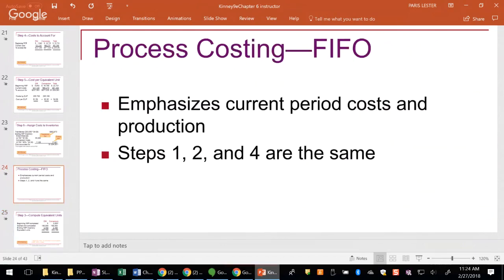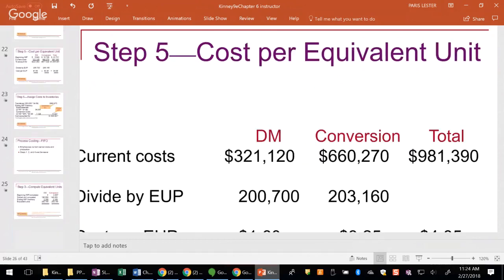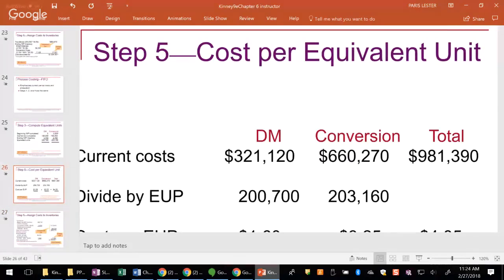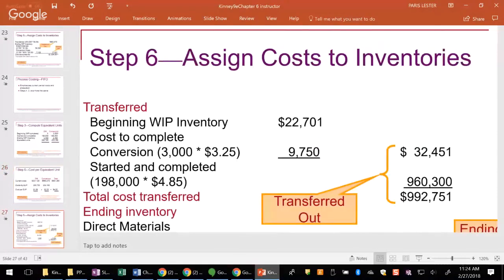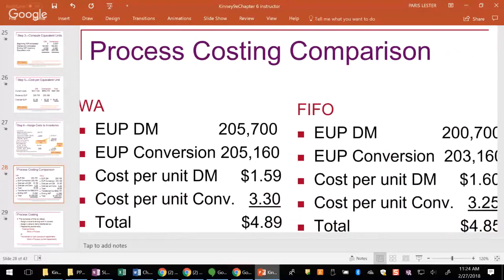All right. FIFO, steps 1, 2, 3, 4 are the same. You get the equivalent units, take your current cost divided by your equivalent units, and you get weighted average. Look, you get the same thing, I think.